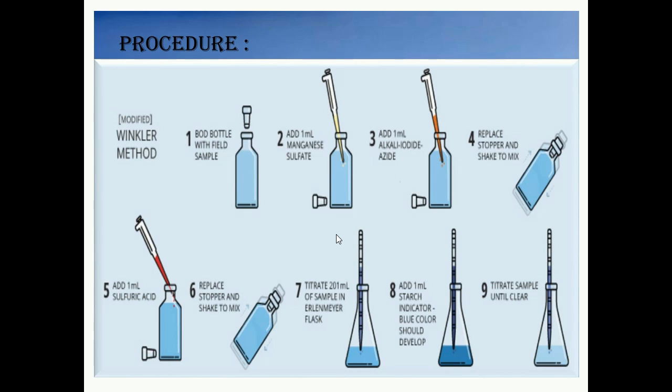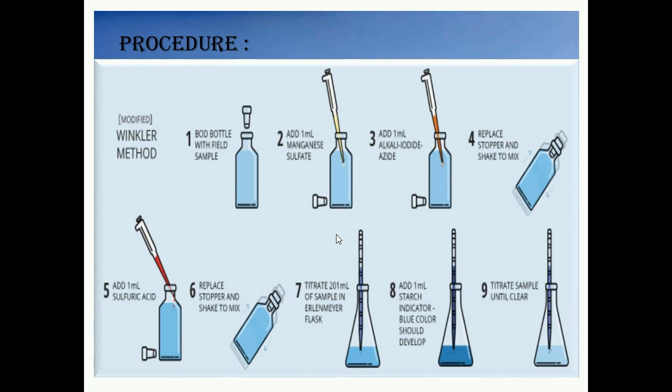The BOD bottle has a lid; we open the lid and fill the bottle with water. To this BOD bottle, add 1 ml of manganese sulfate, and then add 1 ml of alkali iodide azide solution.